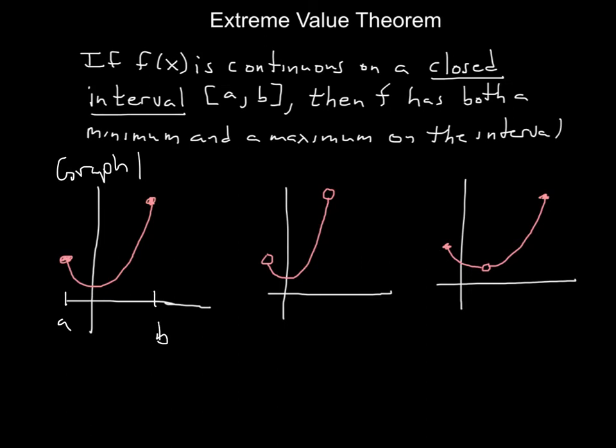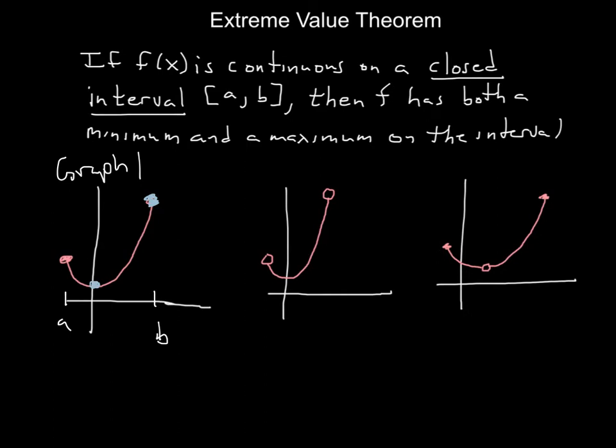It's continuous on that interval, and it is on a closed interval, so it's defined at the endpoints. So by the extreme value theorem, we will have a maximum value and a minimum value on that interval. In this case, we achieve our minimum value right around here, and our maximum is at the endpoint right up there at b.